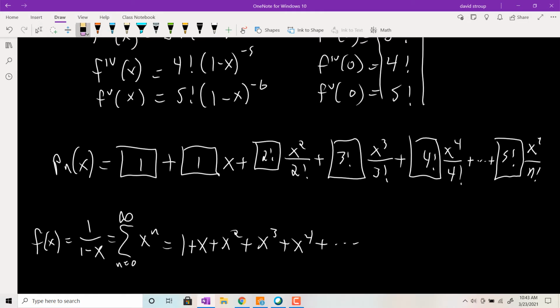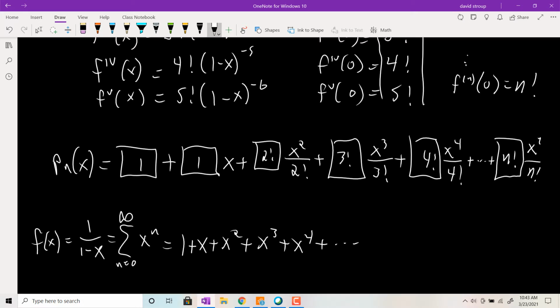So just this process repeating itself over and over, all the way up to the nth derivative. Judging from the pattern, the nth derivative is just going to be n factorial, right? So the 4th gives you 4 factorial, the 5th derivative gives you 5 factorial, the nth derivative gives you n factorial.